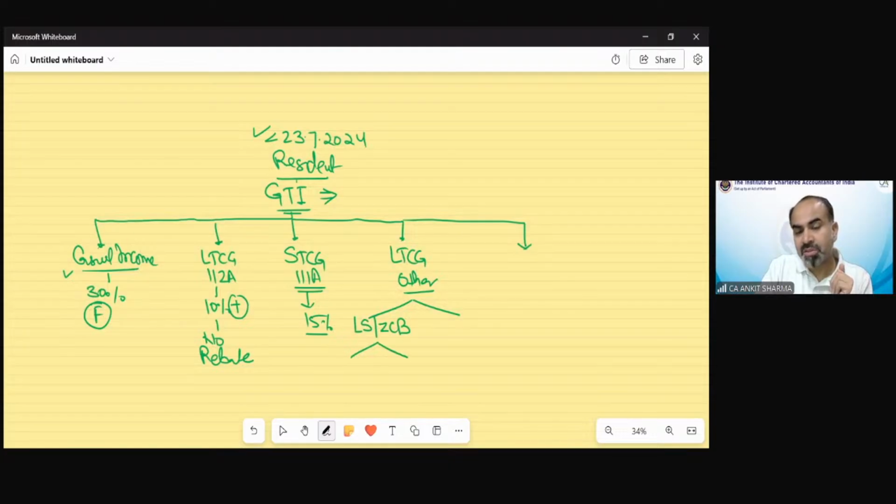We have seen that via chart. 10% tax without index and 20% tax with index. Whichever is lower needs to be included for the tax liability.